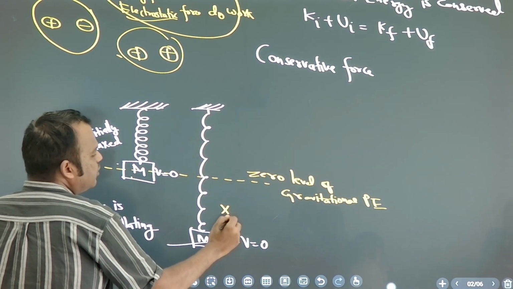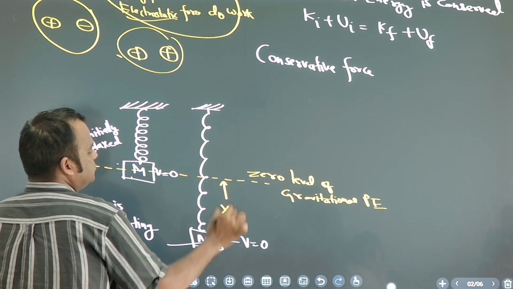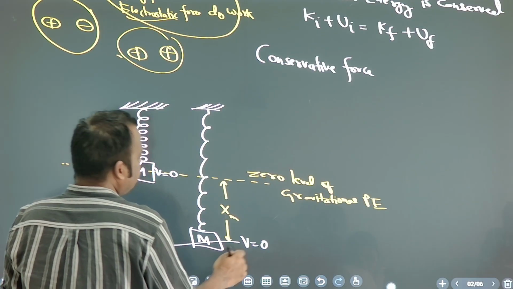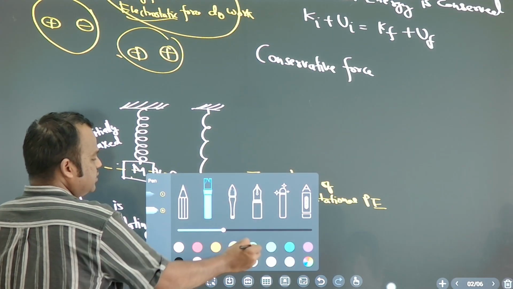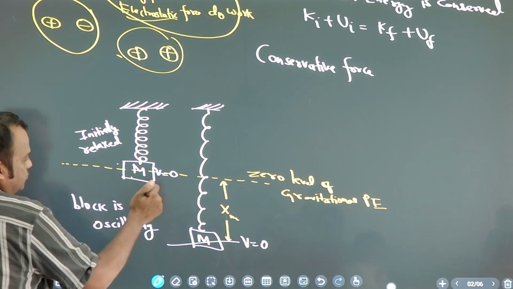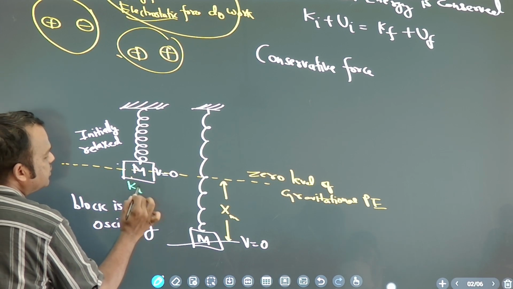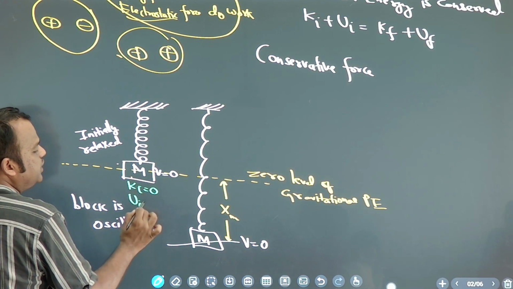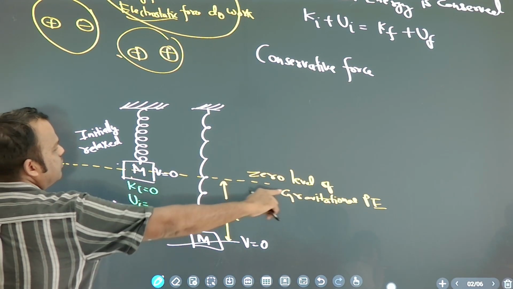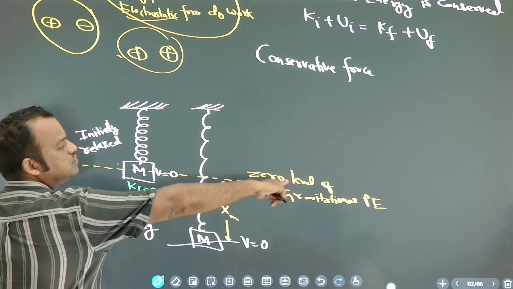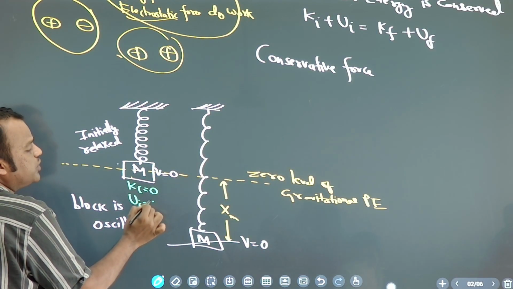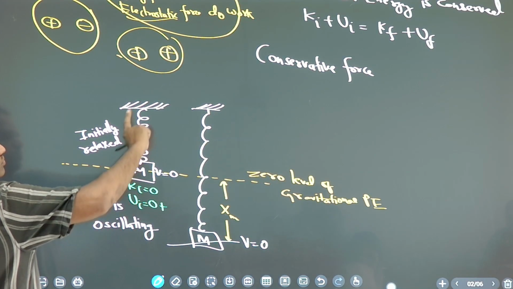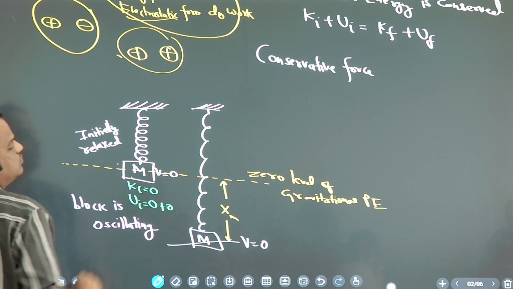Now the elongation is x max. What is the kinetic energy here, K initial? 0. And U initial: gravitational potential energy 0, spring potential energy 0, relaxed.